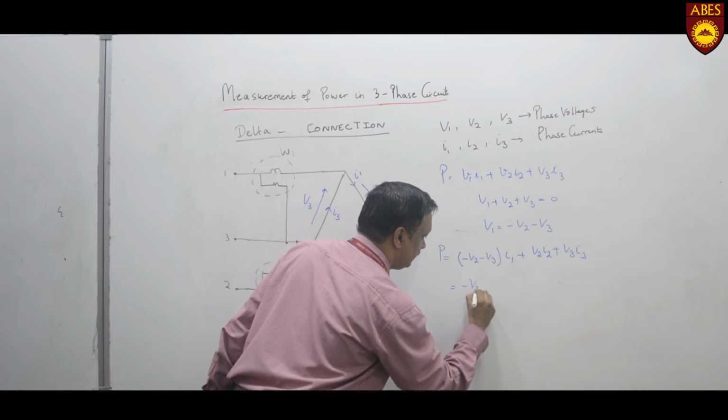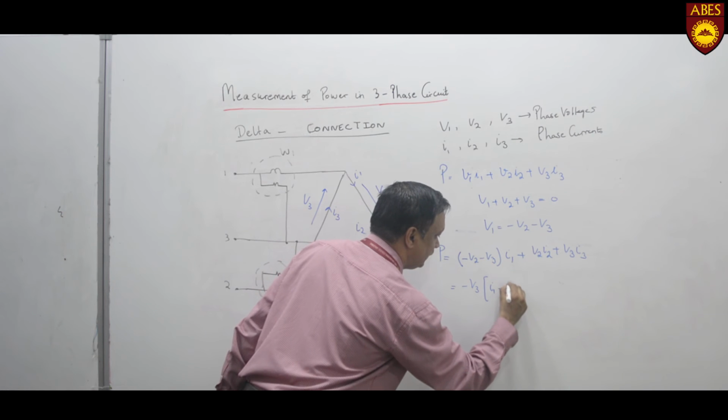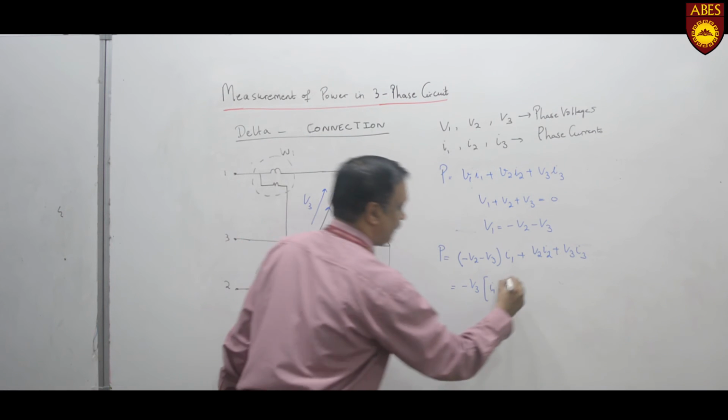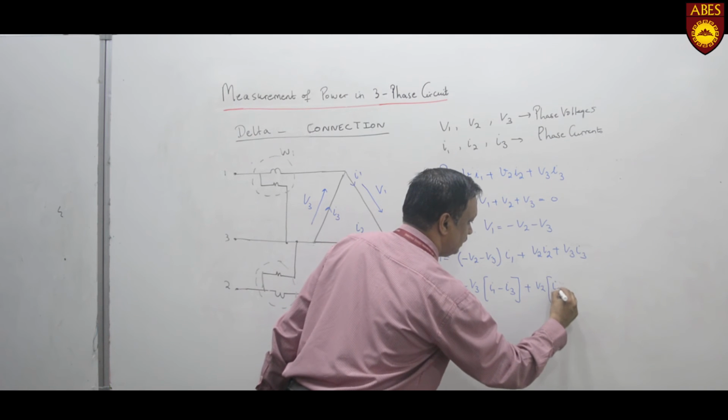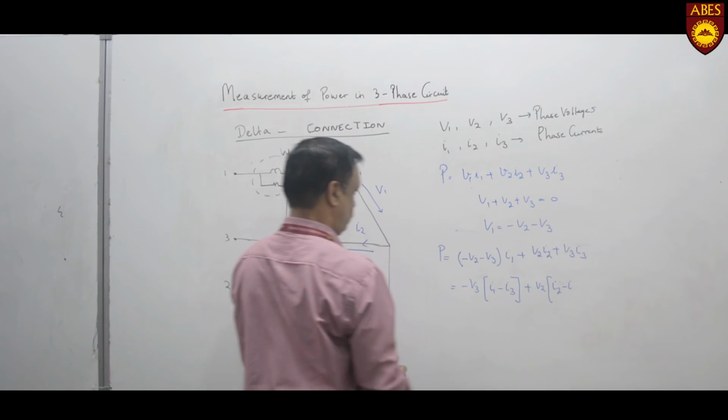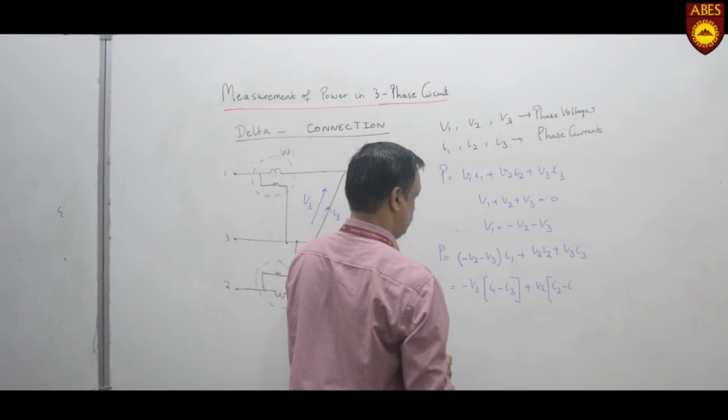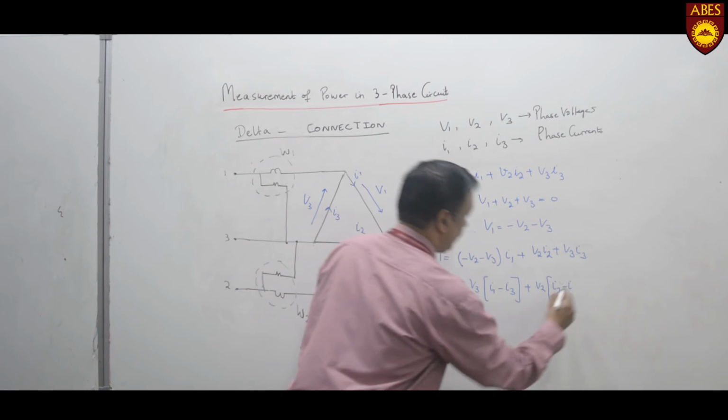So minus V3 times minus I1 minus I3 plus V2 times I2 minus I1.